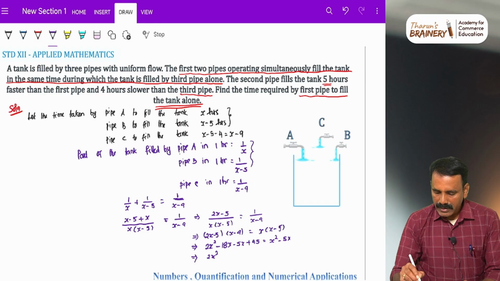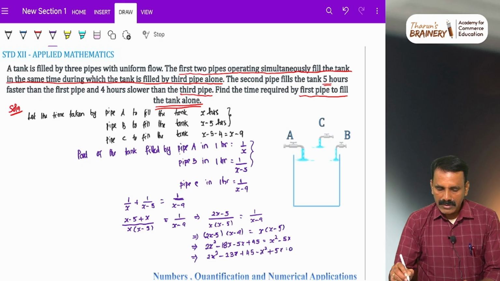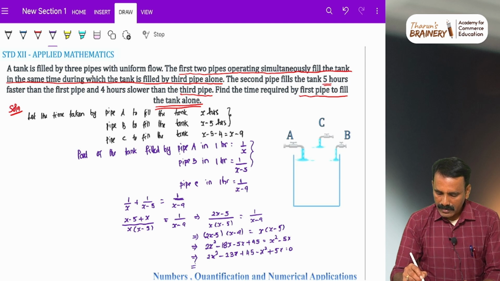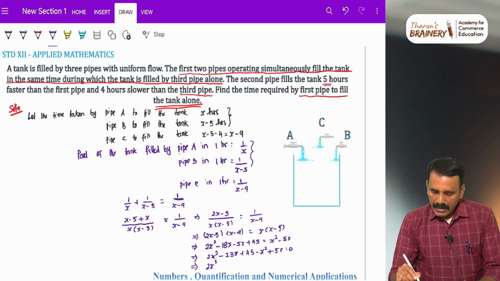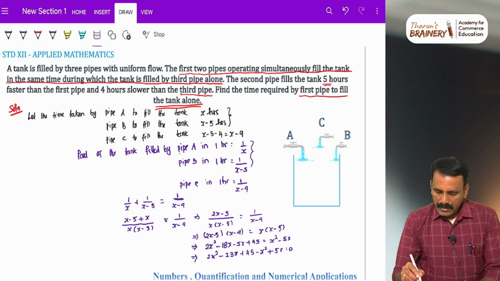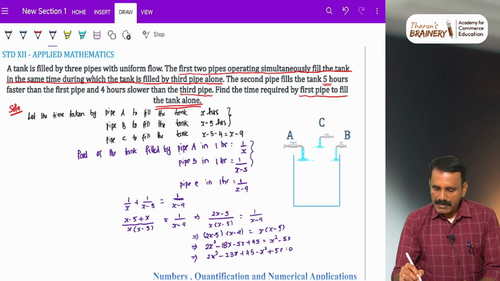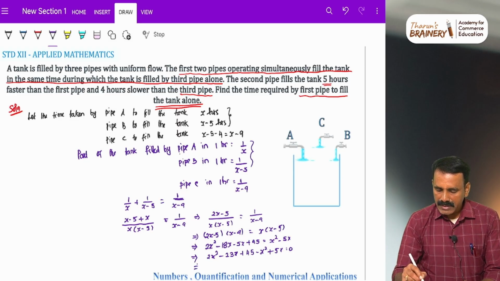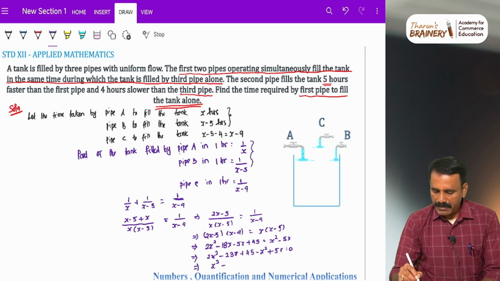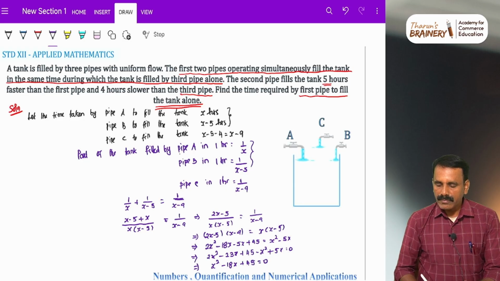So 2x square minus 23x plus 45 minus x square plus 5x is equal to 0. Now we simplify this expression. 2x square minus x square is x square, minus 23x plus 5x. When you simplify, it is minus 18x plus 45 equal to 0.